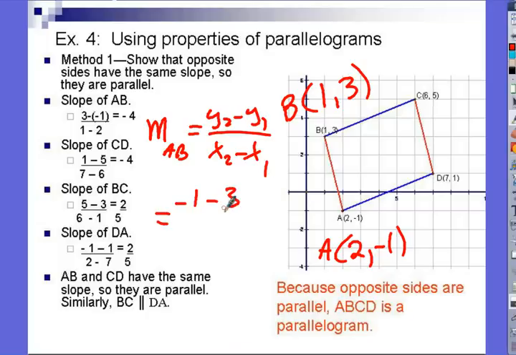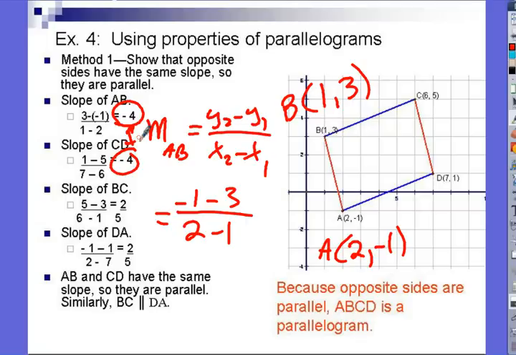But if I'm going to pick this one to be y2, that's got to be x2. It's going to end up being 4 either way. And then I subtracted 3 from -1, so I've got to subtract 1 from 2. So I'm just going to get -4 over 1, which is -4. And if I calculate the slope of CD, notice that I get the same thing. So those are parallel.